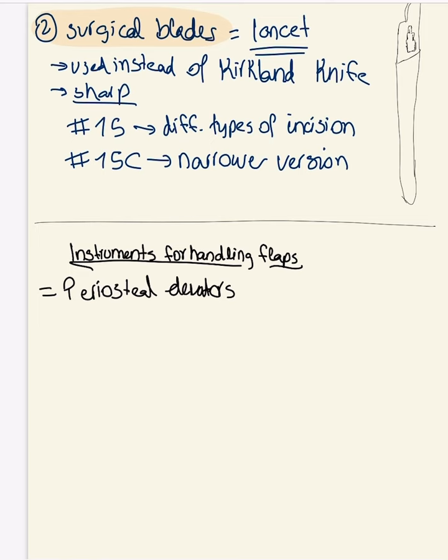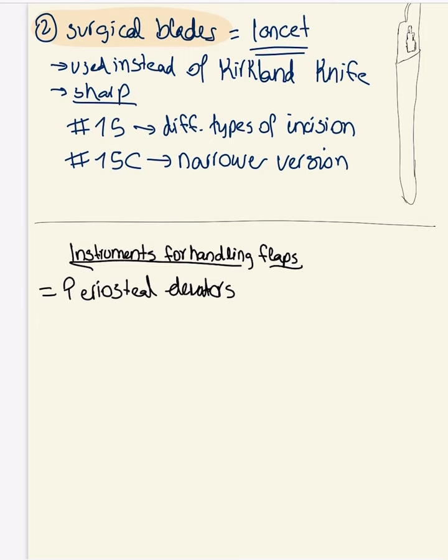So now we have the periosteal elevators that are used to reflect the flap that is made after the incision has been done. How it looks, I will draw it now. But first of all, it has two sides: the concave side and a convex side.